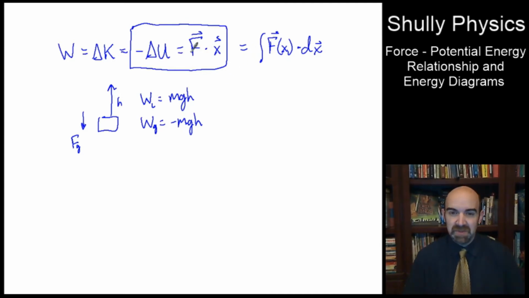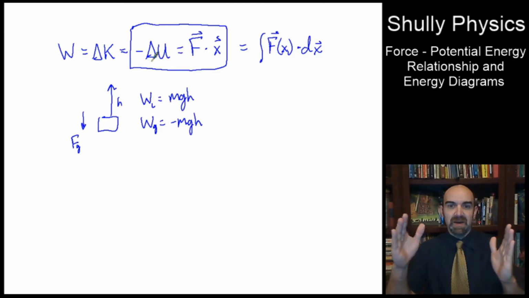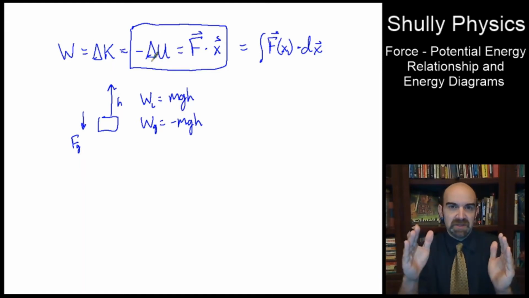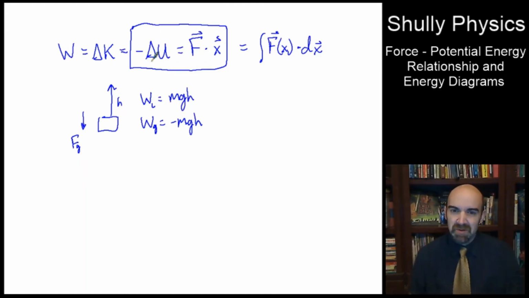So when this comes into play, we're not looking at a finite amount of change of potential energy. We're looking at an infinitely small amount. So you might also note that this negative delta U, in terms of a very infinitesimally small change, can be written negative dU.